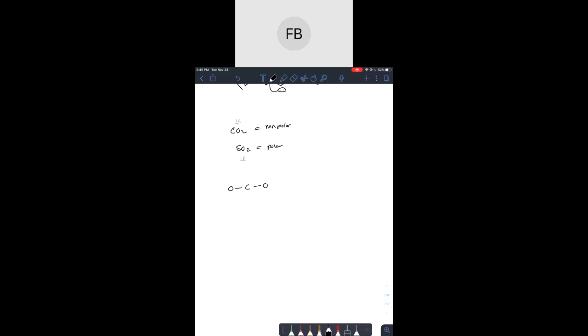So far we have 4, 2 in each of those bonds. So let's just start adding lone pairs, maybe a double bond here or there. So that becomes 6 out of 16 used. And then that oxygen typically has 2 lone pairs on it. So that's 6, that's 7, 8, and that's 9, 10.